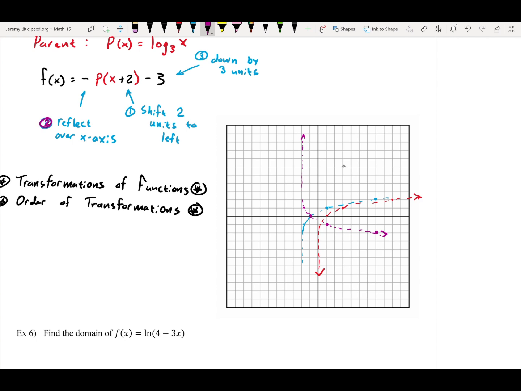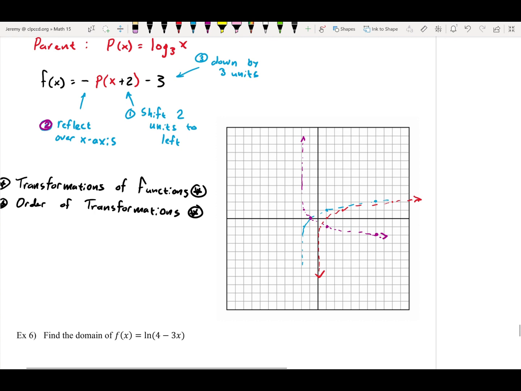I'm just going to color code the reflection over the x-axis step. That's the one I did in purple. And the final step is shifting that graph down by 3 units. And I'll just graph this in a solid line in black. So let's shift this down by 3 units. I'm just taking each of those points, moving them down by 3. Down 1, 2, 3.